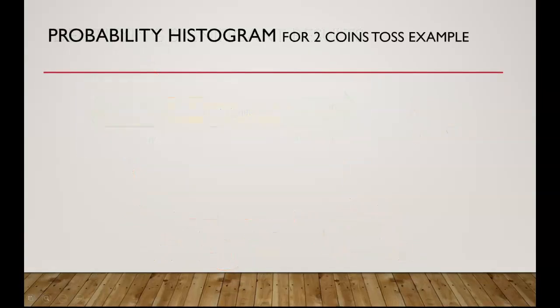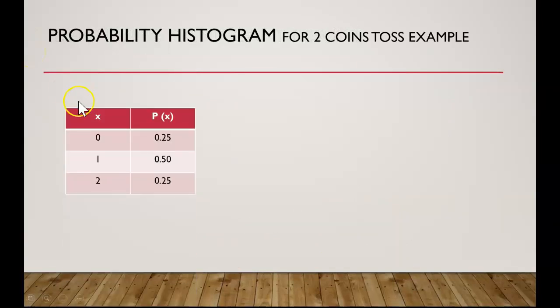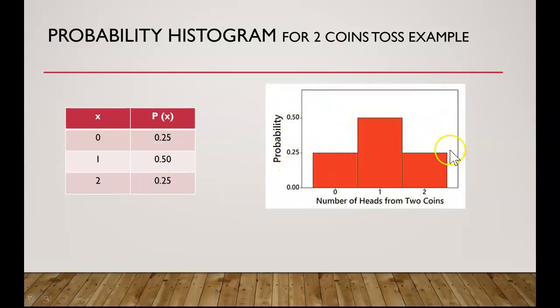And finally, let's look at the probability histogram for the 2 coin toss example. Remember, our values for the random variable were 0, 1, 2, and the probabilities for those values were 0.25, 0.5, and 0.25. The probability histogram resembles a relative frequency histogram, with the exception that in a probability histogram, the vertical scale shows probability instead of relative frequencies.